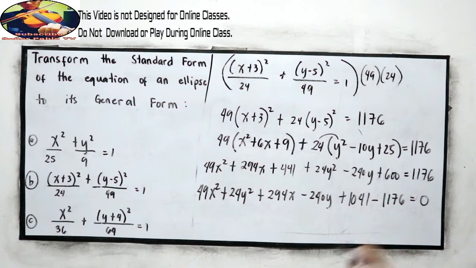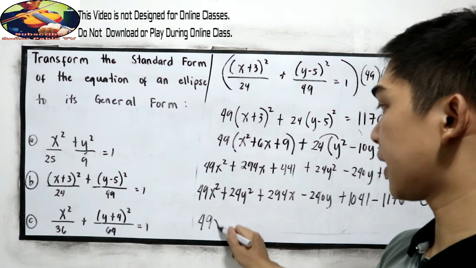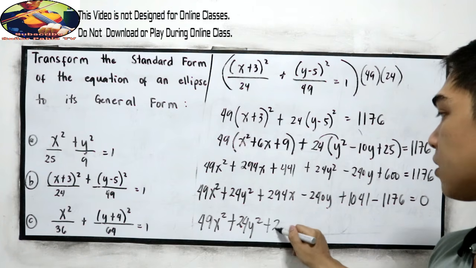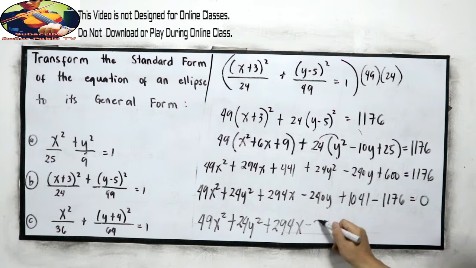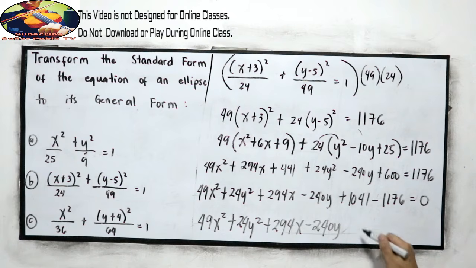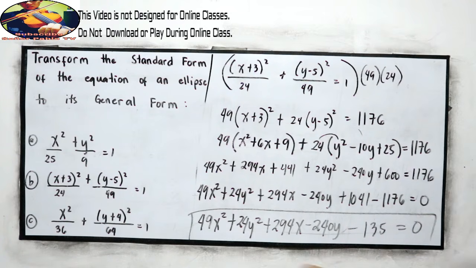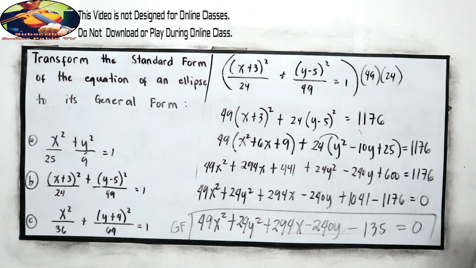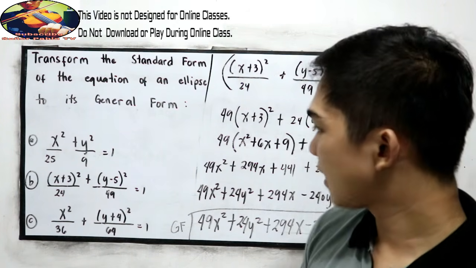We can combine this. So copy 49x squared plus 24y squared plus 294x minus 240y. Combining, we have negative 135 is equal to 0. So this will be our general form. Okay, now your assignment, letter C.